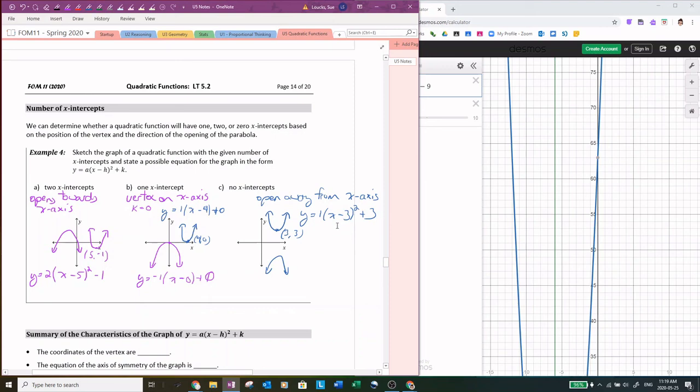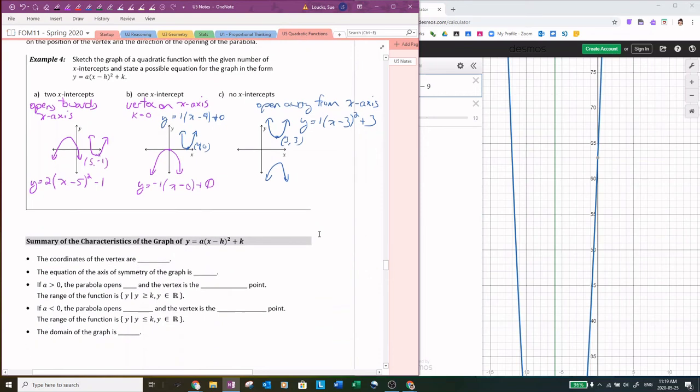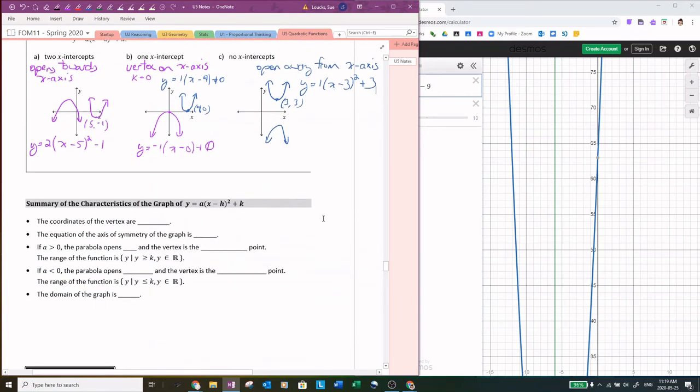All right, let's summarize what we've learned here. The coordinates of the vertex, when we're looking at the graph with this equation, y equals a times (x minus h) all squared plus k, are (h, k). Remember, this has to be minus, that's really important. The equation of the axis of symmetry is x equals h.